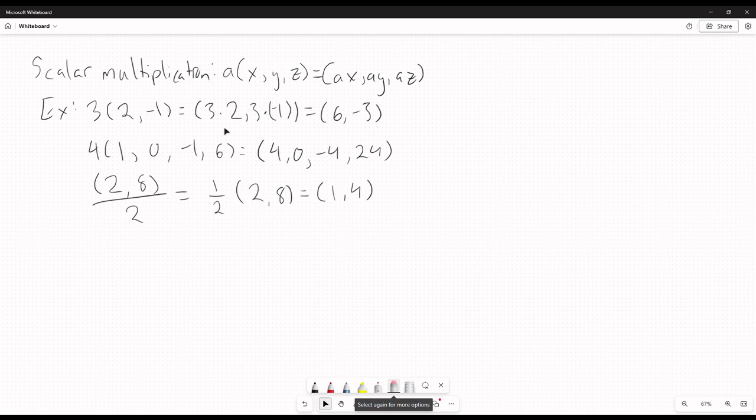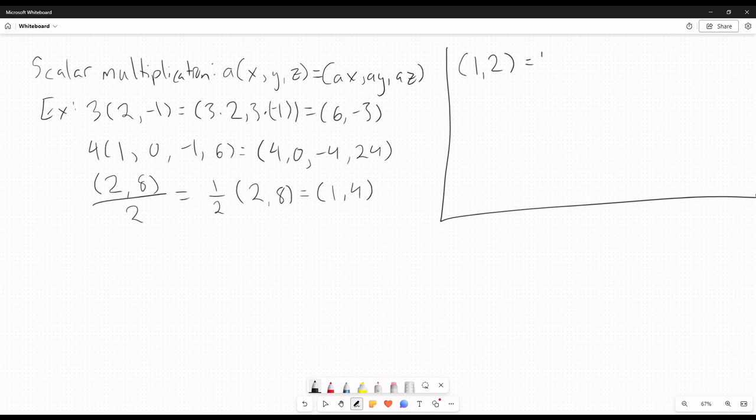For the last example we'll do, I want to first remind us of a fact, which is that we can take a vector in R2 or R3 and represent it as a linear combination of standard basis vectors. That sounds complicated. What that means is that if we want to talk about the vector 1, 2, we can write that as 1i plus 2j.